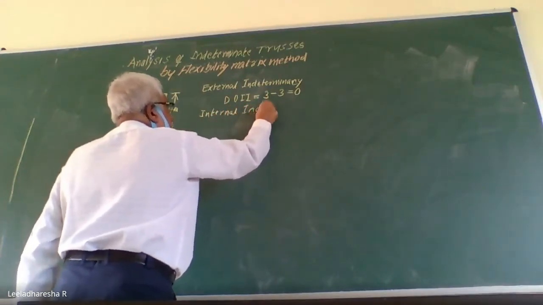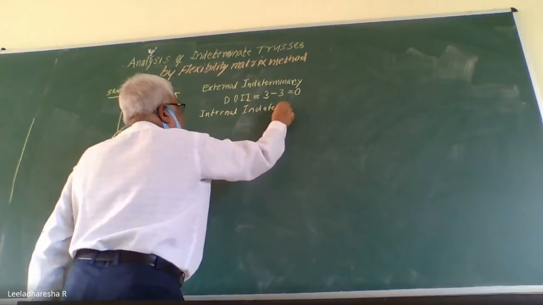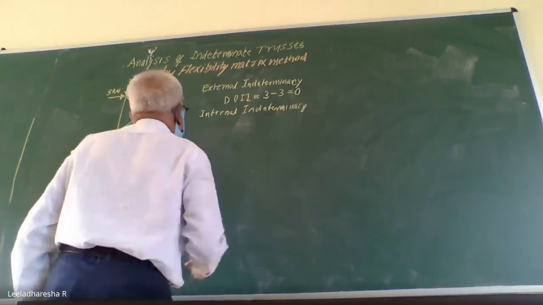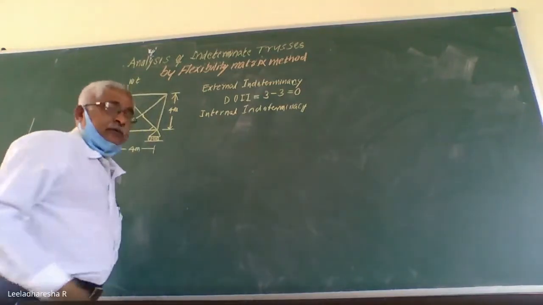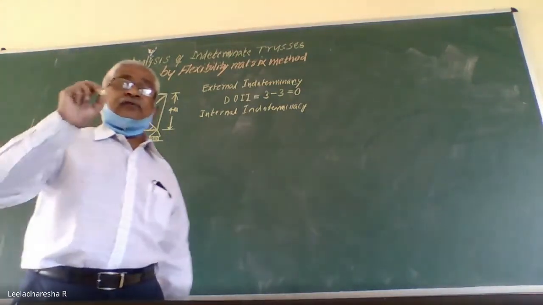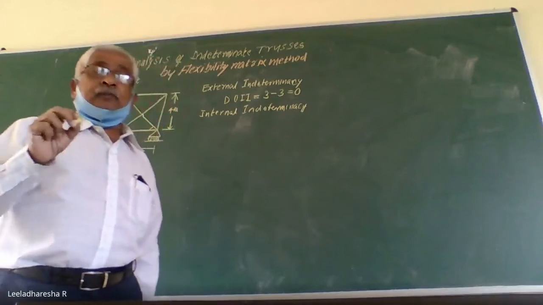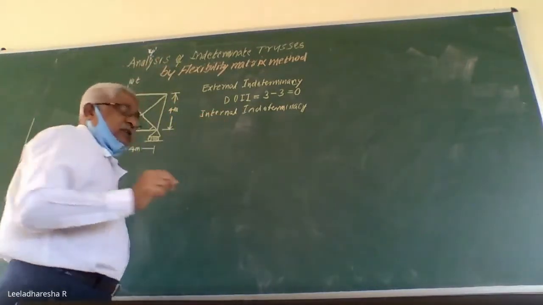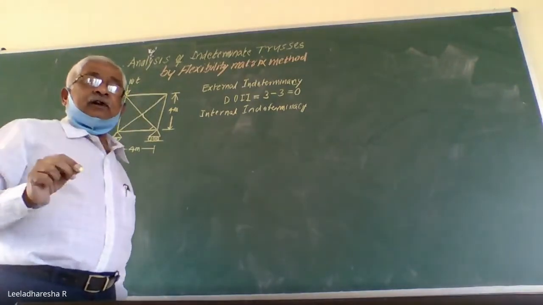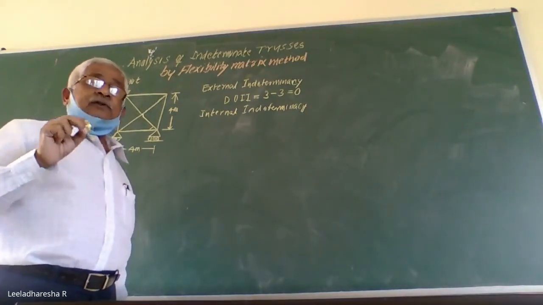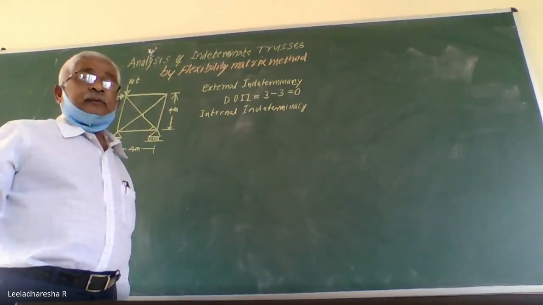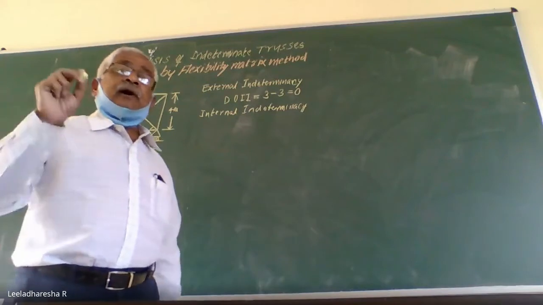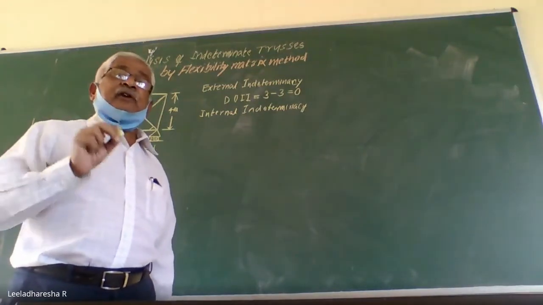To determine internal indeterminacy, in your previous first year level, you studied one chapter, analysis of determinate trusses. There they used one equation: a structure is perfect if n is equal to 2j minus 3, where n stands for the number of members and j stands for the number of joints.